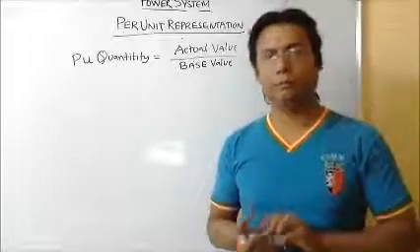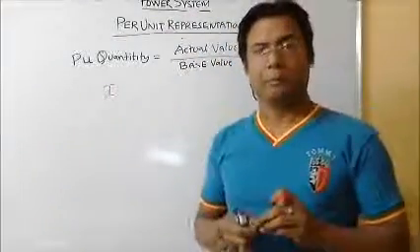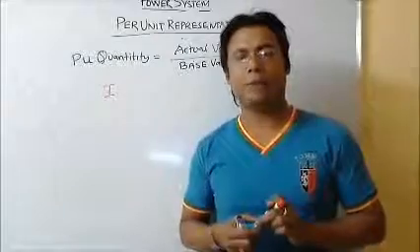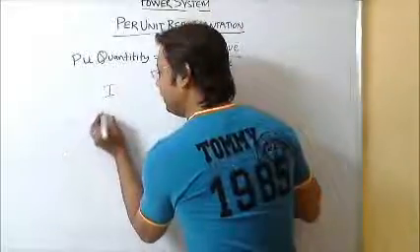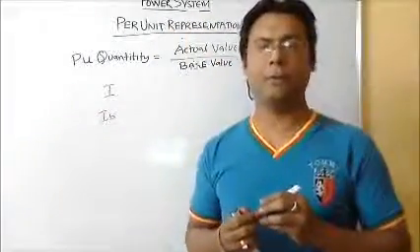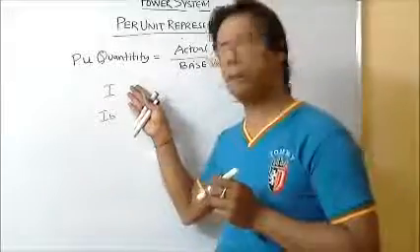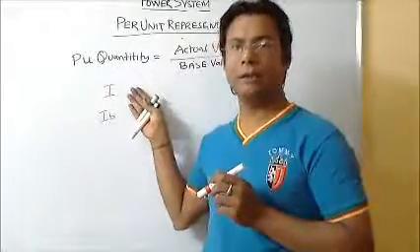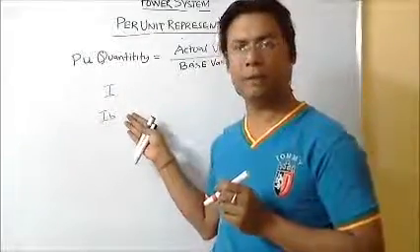So if I say that I is the current which is the actual value which we have measured, and IB is the base value of the arbitrary base which we have chosen. Since the dimension of the actual current will be amperes, the base current will also be amperes.